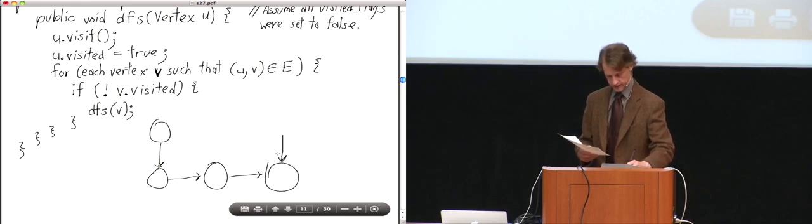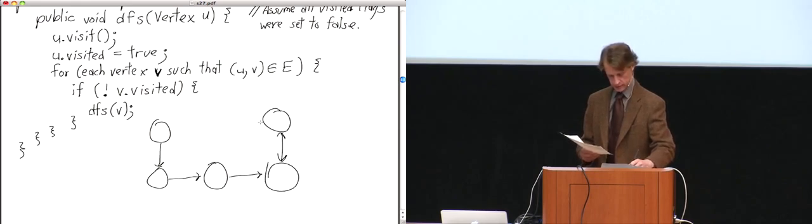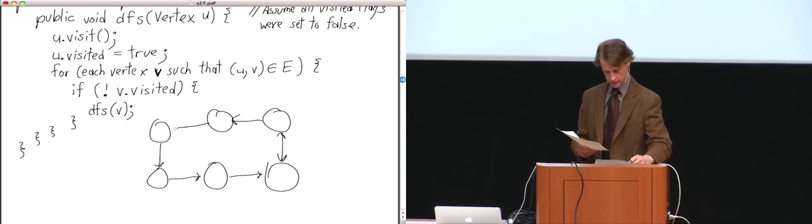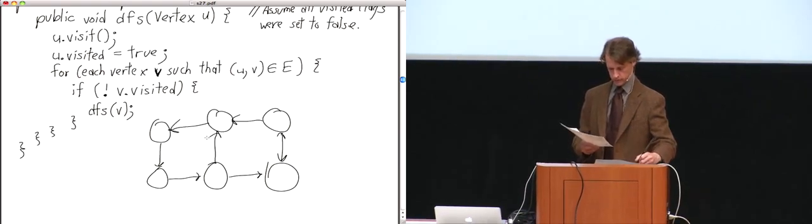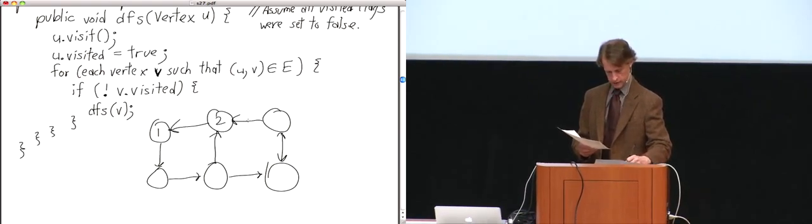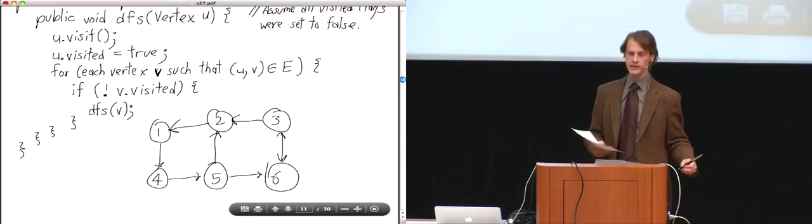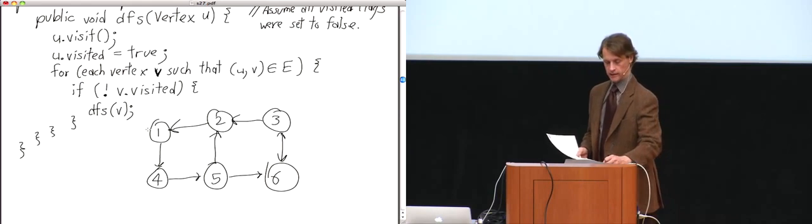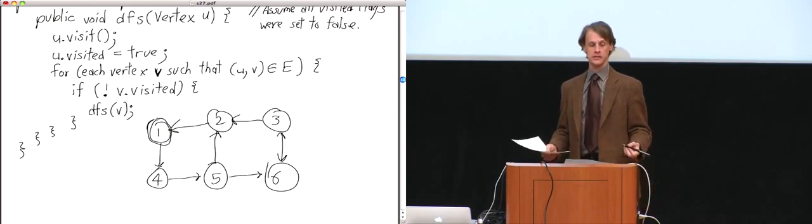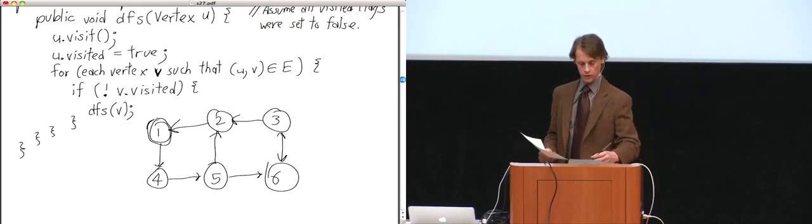So remember, it looks like this. And let's suppose that I start at node 1. So I do my very top level call to depth first search to node 1.